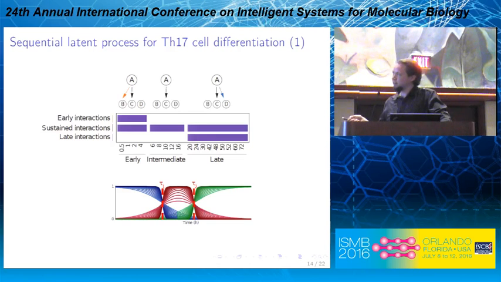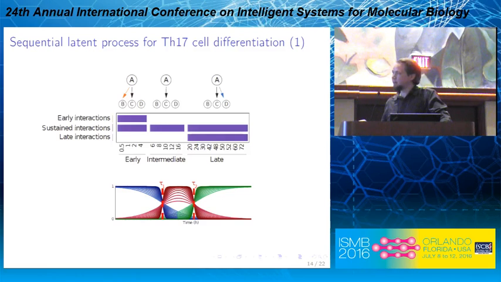And this prior information is something that we can use to construct a latent process that we use in our model. So in this latent process, we have 3 phases, and we have 2 parameters, tau1 and tau2, which determine the time points when the switching between different phases occurs.